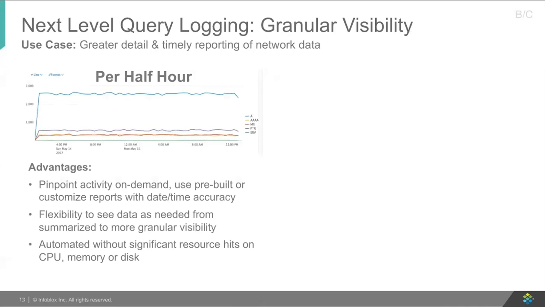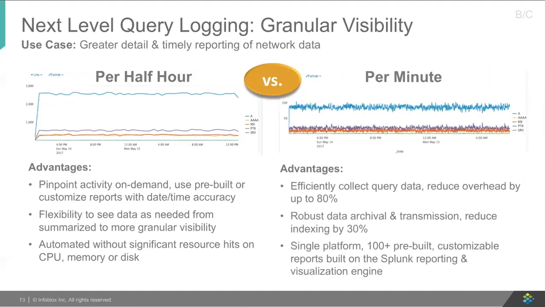So you could really pinpoint on-demand, pre-built or customized reports because we have date and timestamp accuracy. You also have the ability to see data as needed, from summarized to more granular visibility. And of course, this is automated, so you don't have a significant resource hit on your CPU, memory, or disk. So that's one way to look at the data.